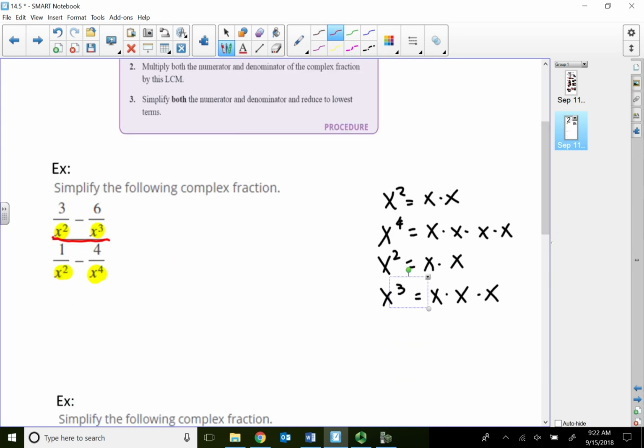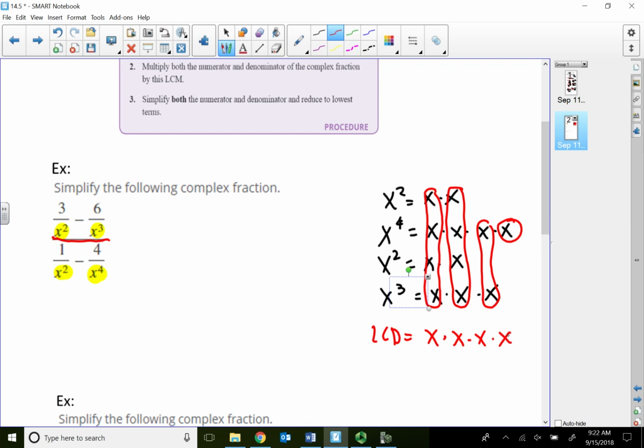When it comes to finding the LCD, we have to count the repeated factors. These x's repeated, we count that one time. These x's repeated between the four denominators, we count that one more time. These two only repeat between two denominators, count that one time. And this single one did not repeat, count it one time.